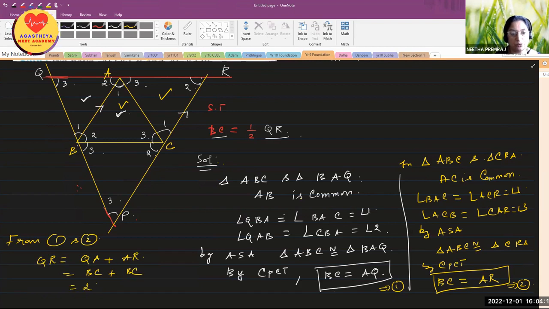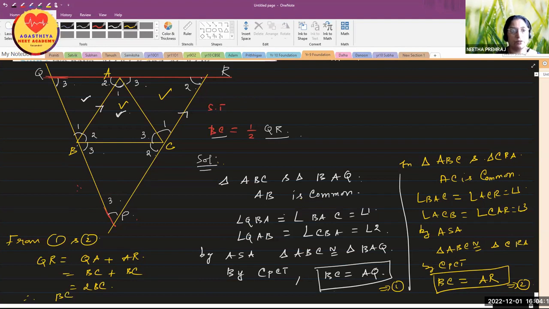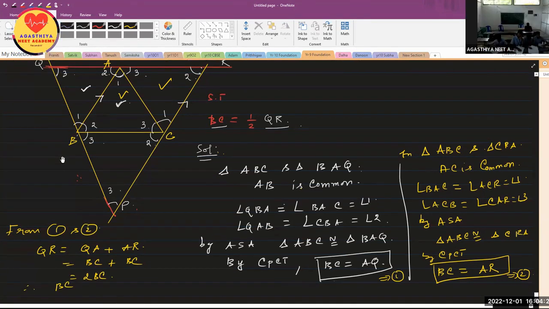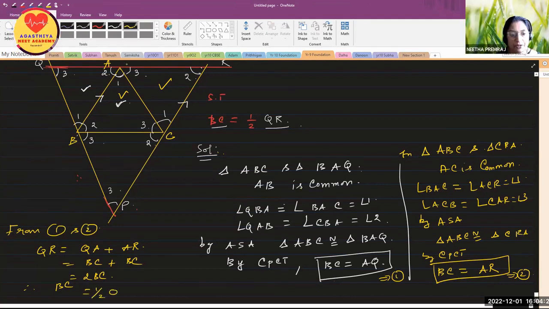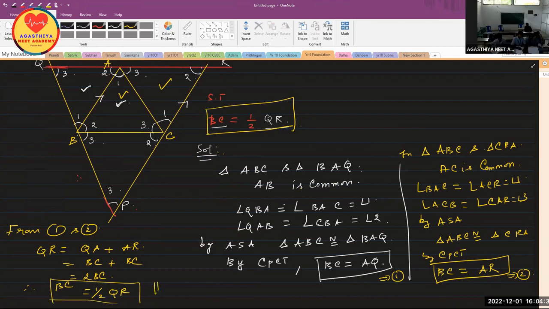That is equal to 2 BC. Therefore, BC is equal to half of QR. That is what you want to prove, right? Hence proved. That's it. Guys, have you understood? Make a note of it.